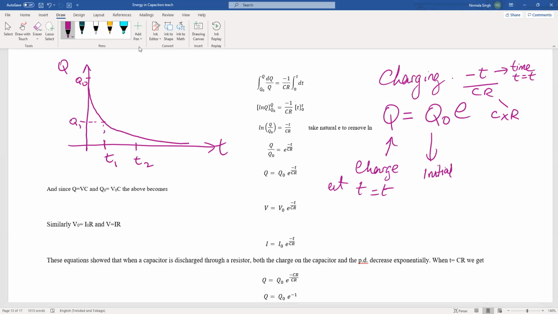All right. If we were to plot a graph of charge versus time, we get an exponential decay curve because as time goes by, your charge decreases as time increases. Because what happens if we have our capacitor, as time goes by, electrons are fed out of your capacitor and into your circuit.